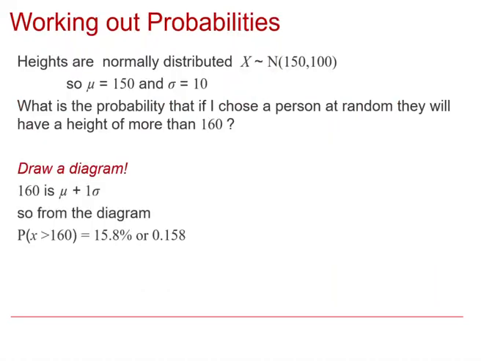So if we take a particular population where heights are normally distributed with mean 150 centimeters and variance 100 centimeters squared, we know the mean and we know the standard deviation. What if we want to find the probability that a person selected at random from this population will have a height of more than 160 centimeters?